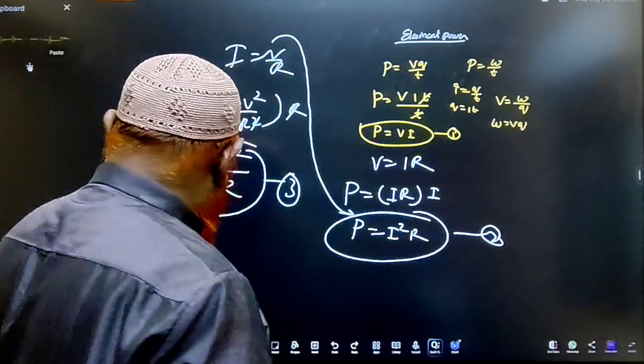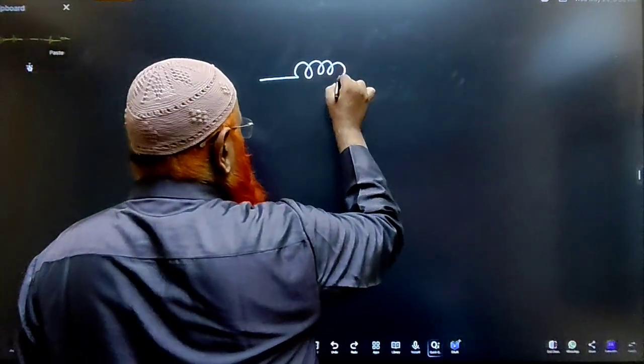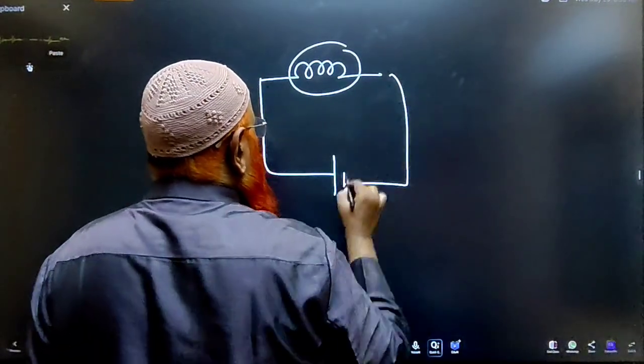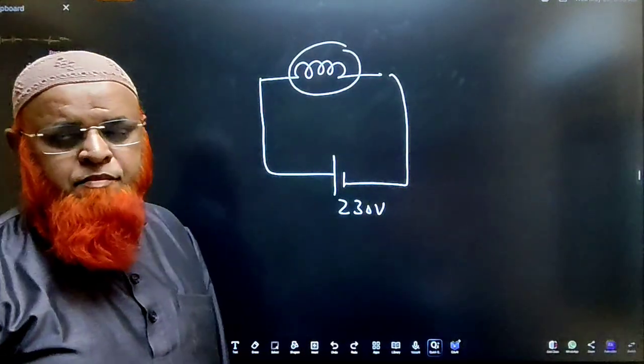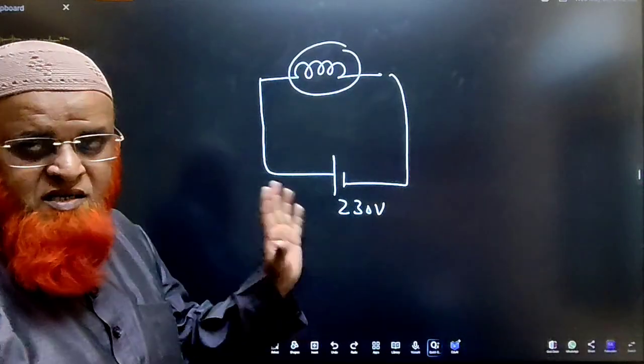Yes. Then, for example, there is a bulb like this, and here 230 volts of power supply is there. In India, 230 volts of power supply will be there in houses. Household potential is this one.